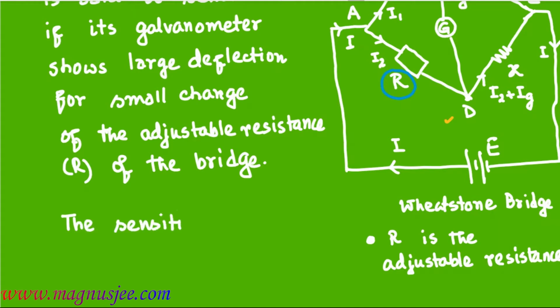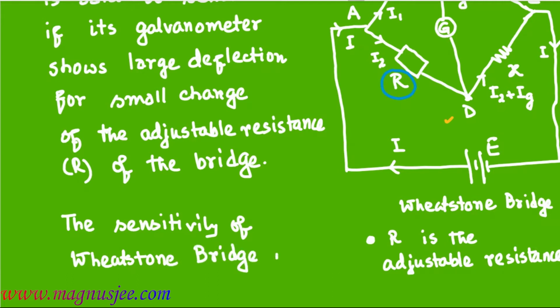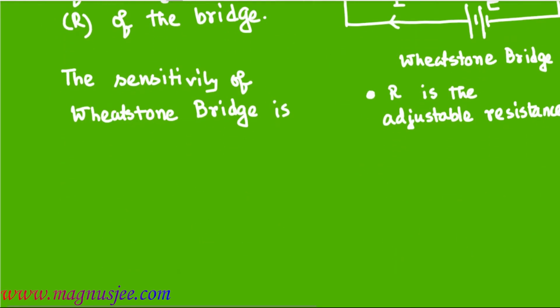The sensitivity of the Wheatstone Bridge is given by the quantity S, capital S, equal theta divided by dR by R. That is the expression of sensitivity of Wheatstone Bridge.